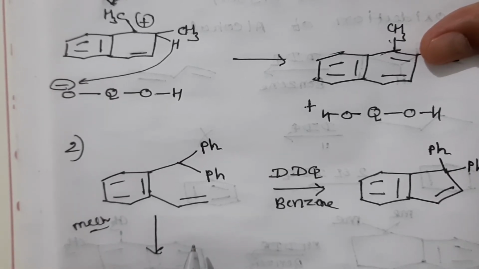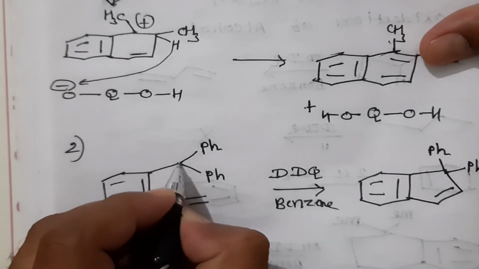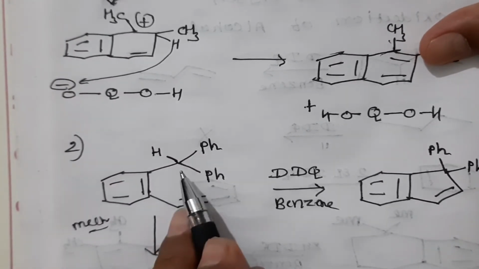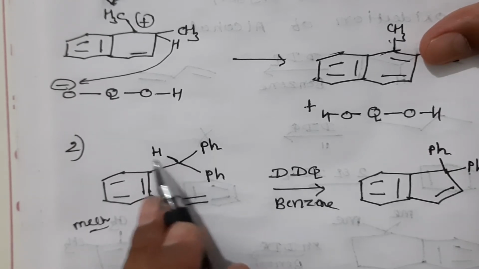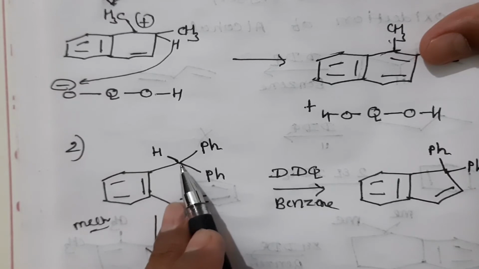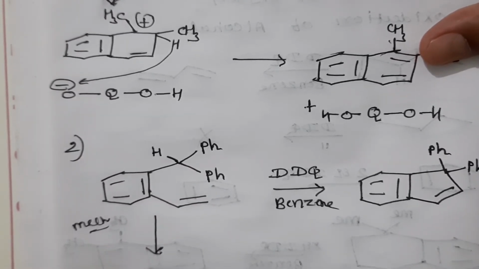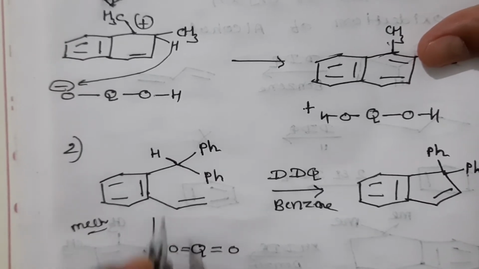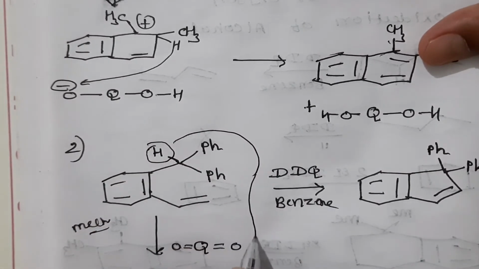So in the first step, there is an abstraction of H minus ion. So H minus is abstracted from the active position. This is 3 degree benzylic hydrogen. After H minus, there is a formation of carbocation and it is highly stabilized. So with the help of DDQ, this H minus is again attacked here.